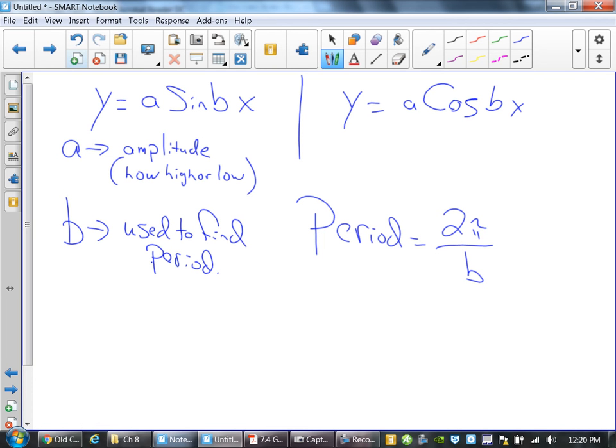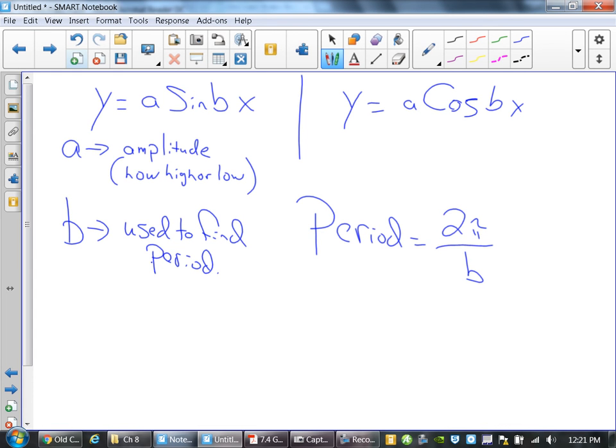Anyway, so what we want to do here is basically list out what your A and B values are, list out what your amplitude's going to be, list out what your period is going to be prior to figuring out those critical point values. And those critical point values, if you recall from last year, were kind of a pain. But if you think of it in terms of what's your ending point, cut it in half, and then find the midpoints, it's not as terrible.